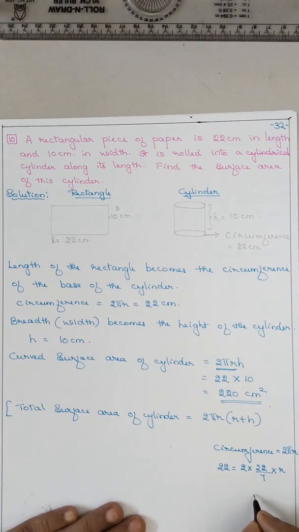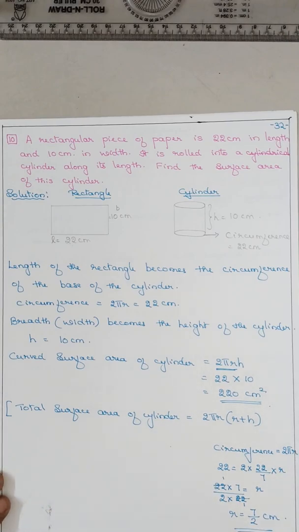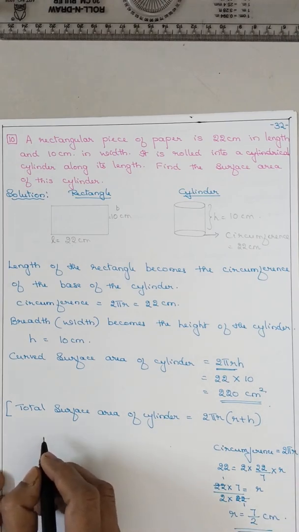So r is equal to 22 into 7 upon 2 into 22. This goes to the numerator, they both come to the denominator. So r, how much did you get? 7 by 2. So you have to find out r separately, then you put it in the formula.